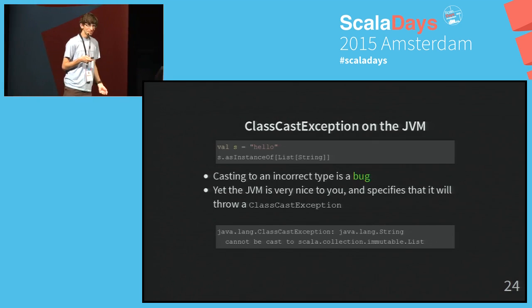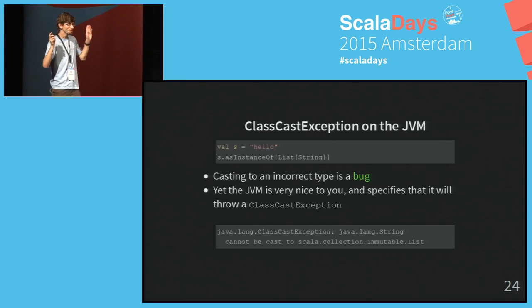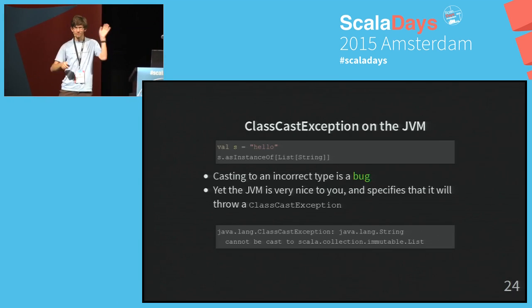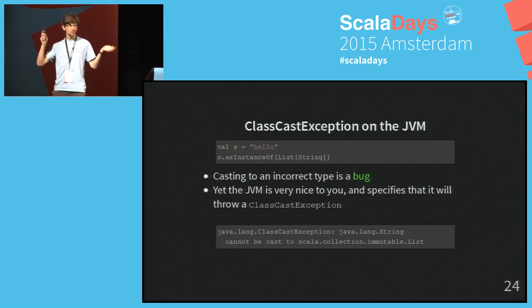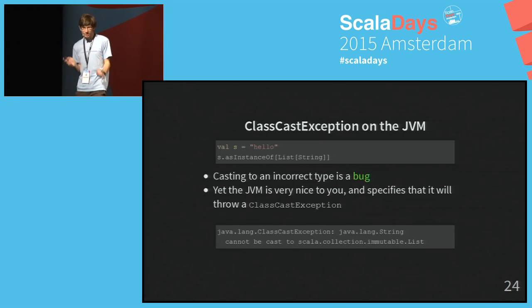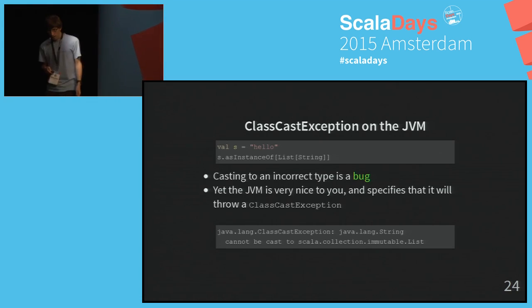But the JVM is still very nice to you. It will specify that, oh, no, don't worry, I'm going to throw this particular class of exception. You won't have weird behavior happening before or after this. It's all nice. You get your exception. And sometimes people rely on this, and they shouldn't.